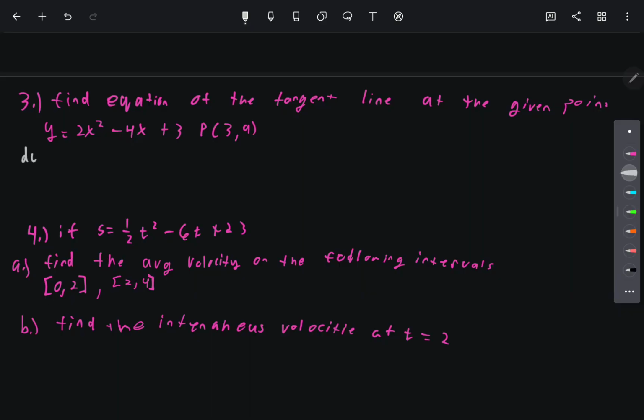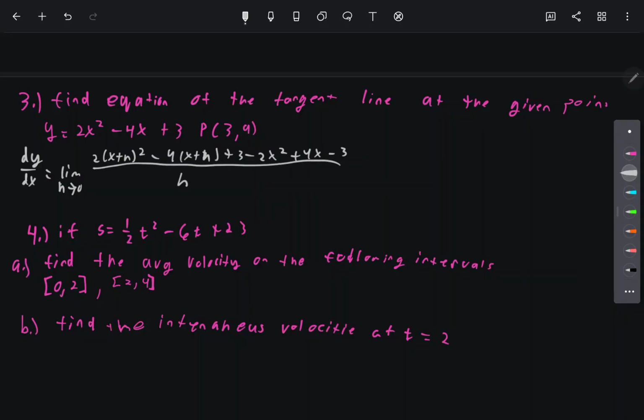So we're going to find dy dx is equal to the limit as x, or sorry, not x, but h approaches 0 of 2 times (x plus h) squared minus 4 times (x plus h) plus 3 minus 2x squared plus 4x minus 3, all of that over h. That's a mess, right? Okay.